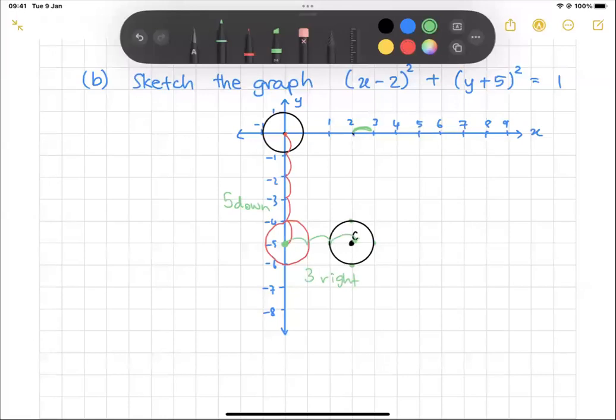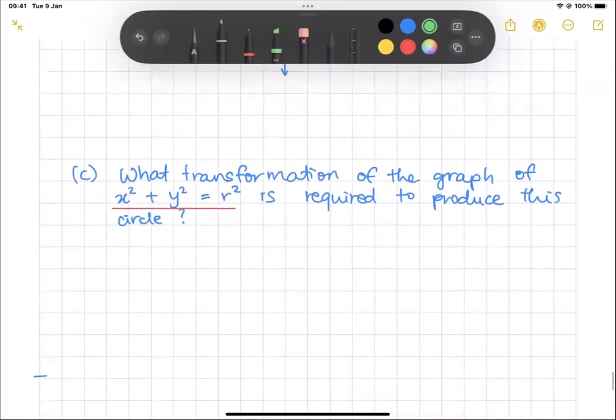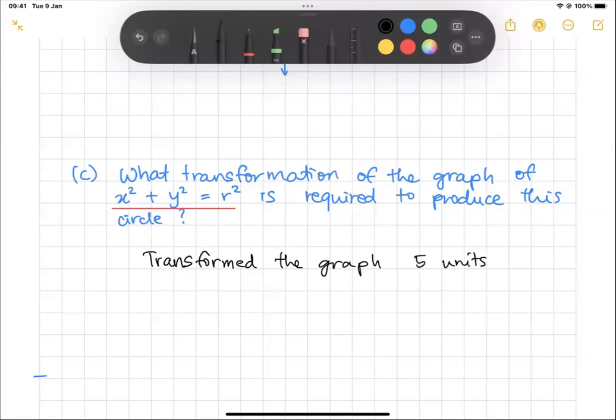So that's what I'm going to say here: transformed the graph 5 units down and 3 units to the right.